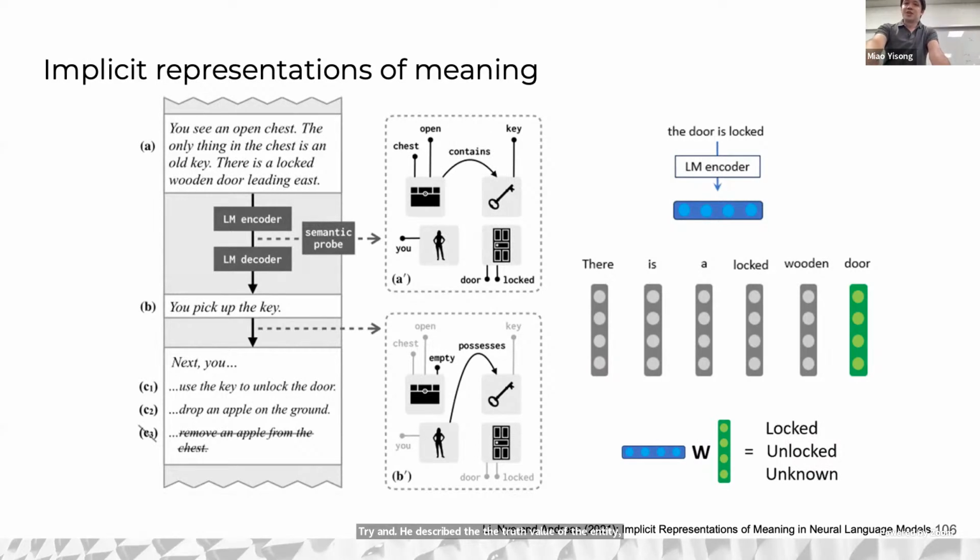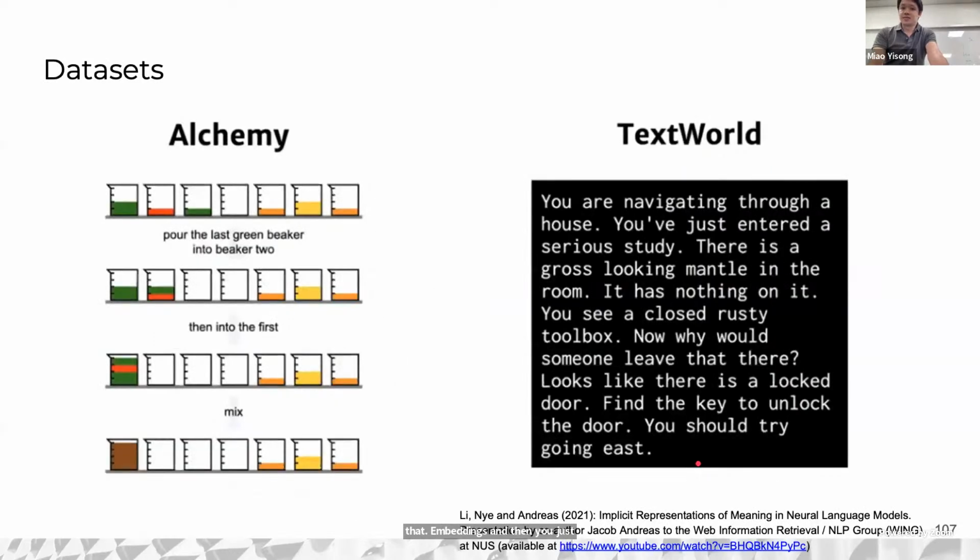Then you take the encoder to encode this sentence to give you an encoding. And then next, you use the same encoder to encode the utterance, the first occurrence of door, the entity that you are interested in. You take that embedding and then you just train to learn the weights of this linear model.